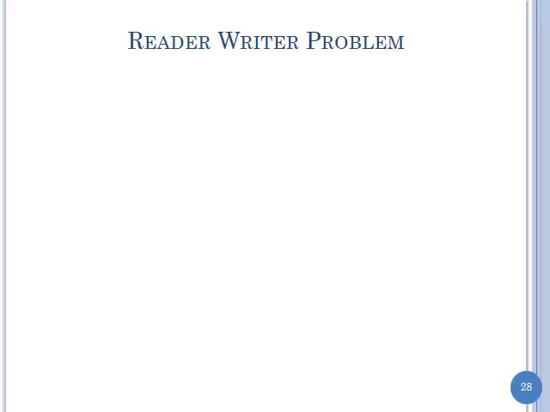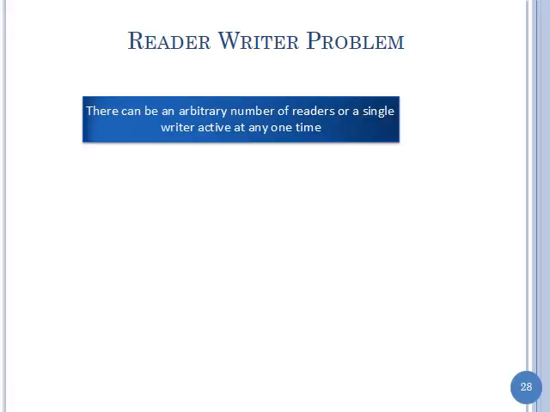As long as you have one writer, the writer enters and nobody else can enter. But without a writer, as many readers as you want can. So how might you specify that using a path expression? There can be an arbitrary number of readers or a single writer active at any one time.